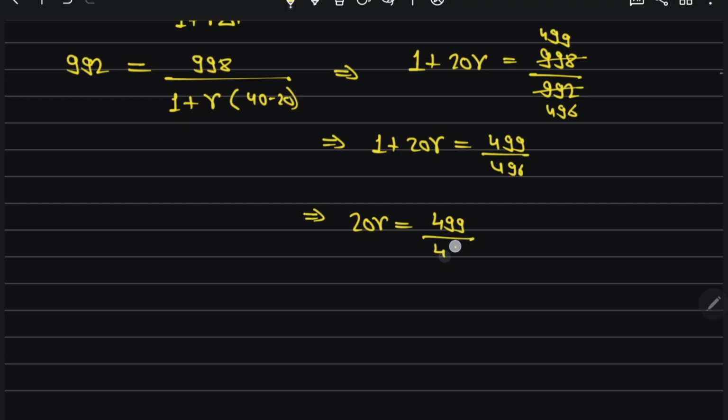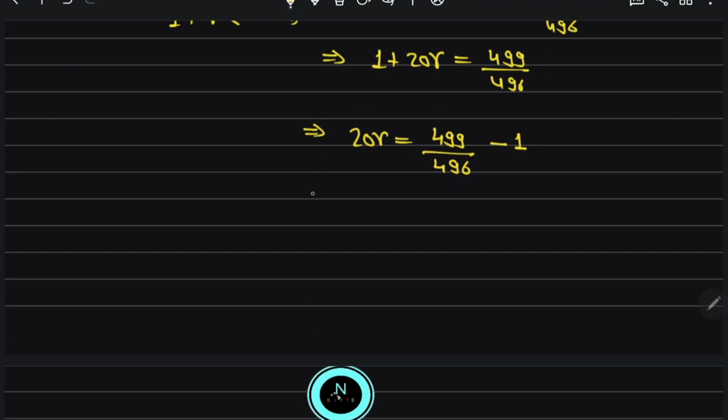So 20 gamma is equal to 499 divided by 496 minus 1, which is 499 minus 496 divided by 496, so it comes out to be 3 upon 496.